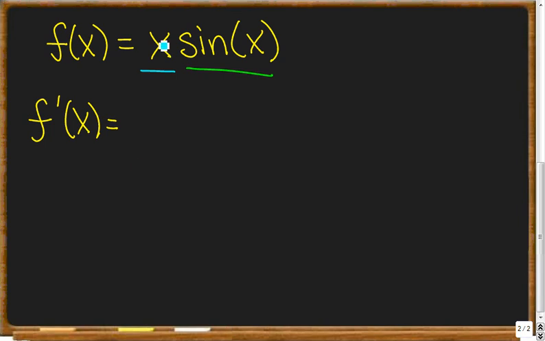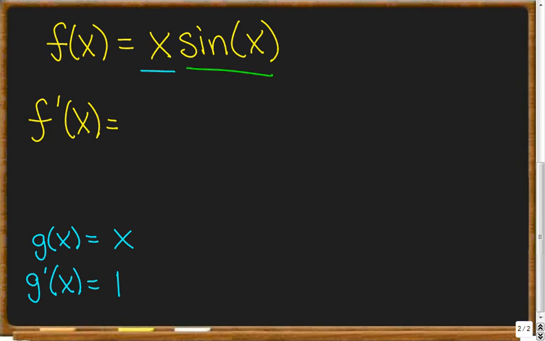So I'm going to label down here my g of x, which we've identified as x. And I need its derivative, which is g prime of x, which is going to be 1. The derivative of g of x is just 1.